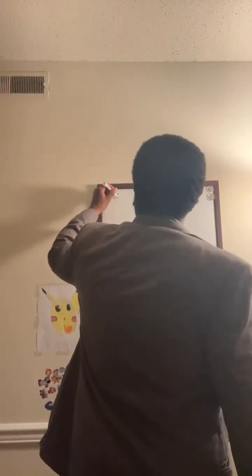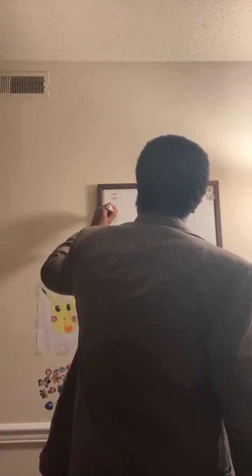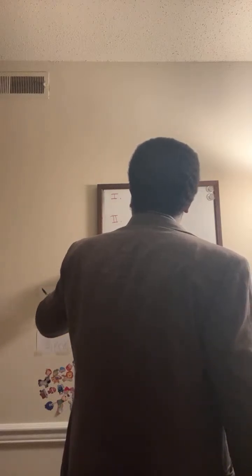So tonight, as I said yesterday, I need you to get a sheet of paper right now, or if you have a device nearby, get it right now. I talked about connecting dots last night.